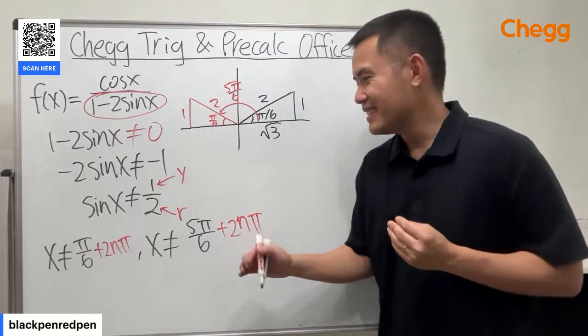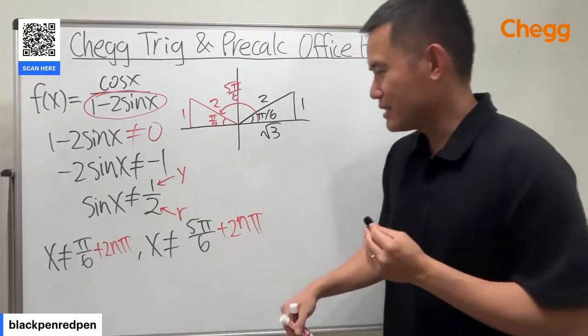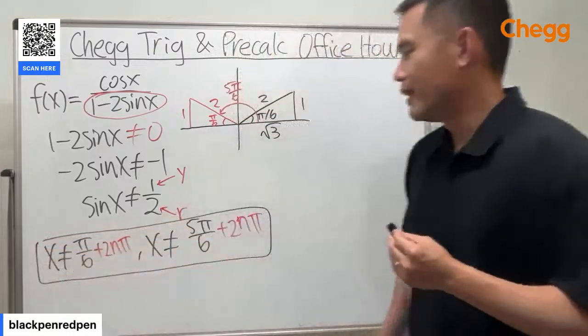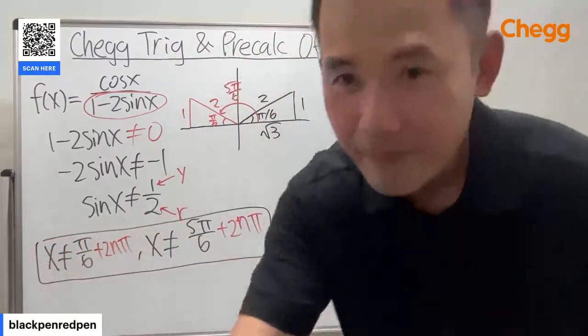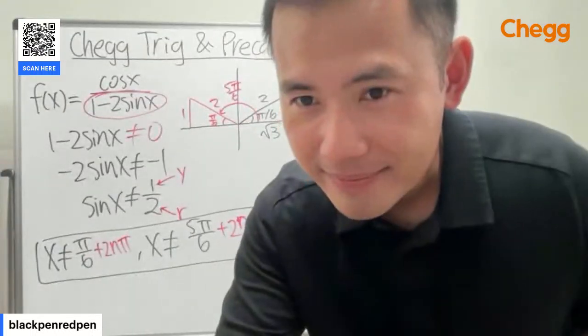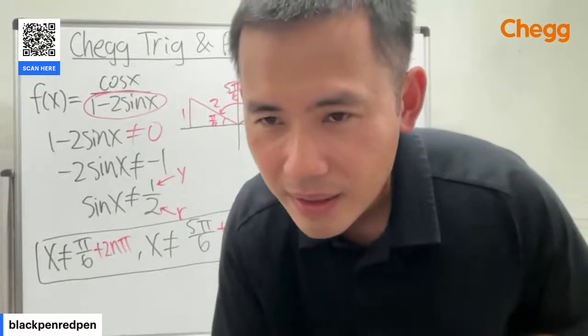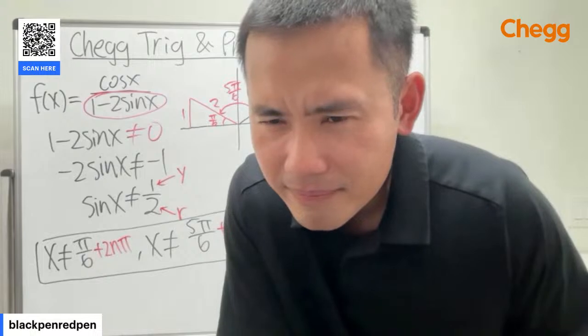Because you already have infinitely many answers, just leave the answer like that. Just set that restriction, say x cannot be these numbers, that's all. All real numbers, but not these. We have infinitely many of them though. All right, let me take a look at if you have any other domain questions.